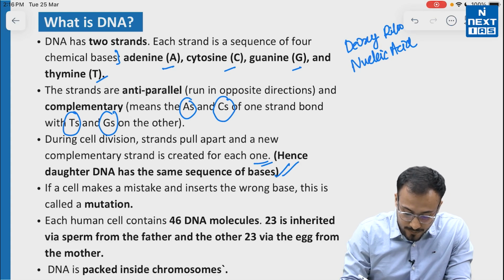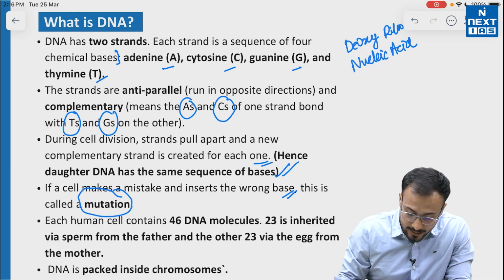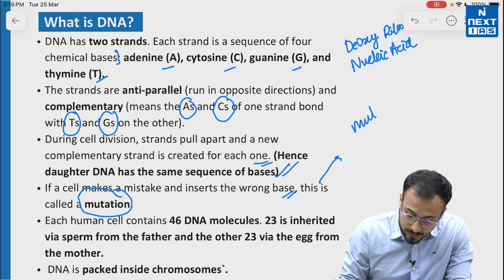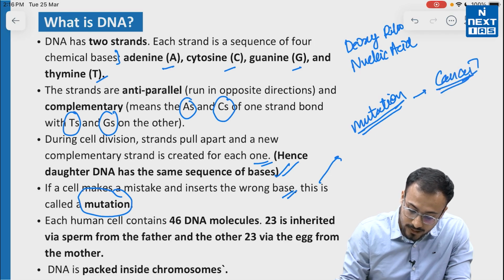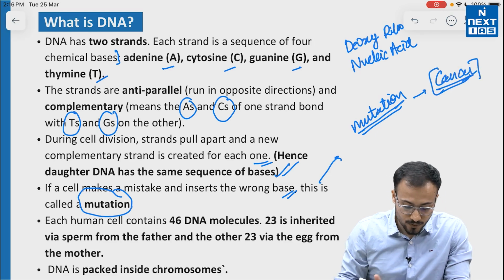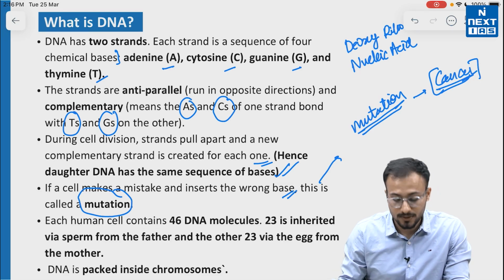If a cell makes a mistake and inserts a wrong base, this is called mutation. During the process of mutation, there can be cancer-causing genes which might be expressed, so mutation can also result in cancer.